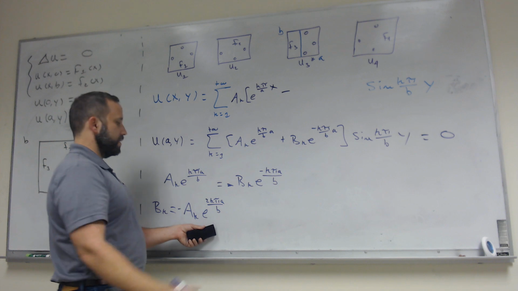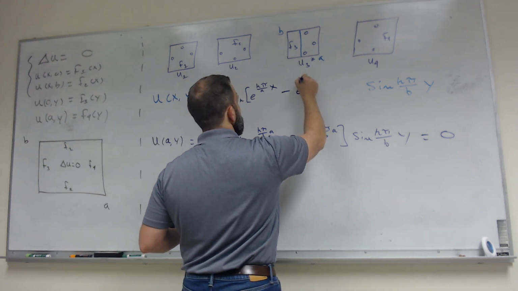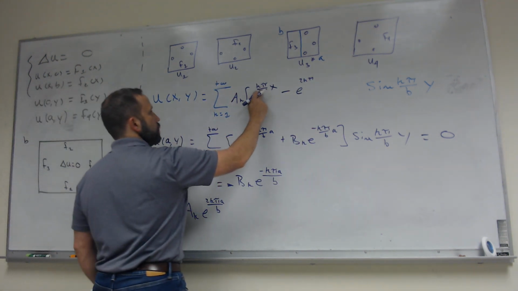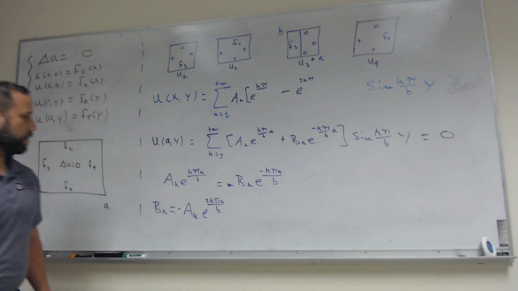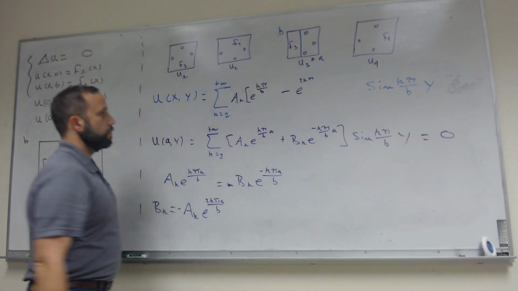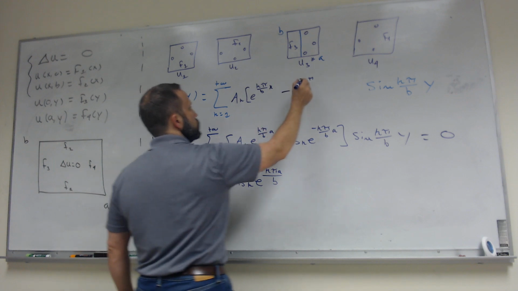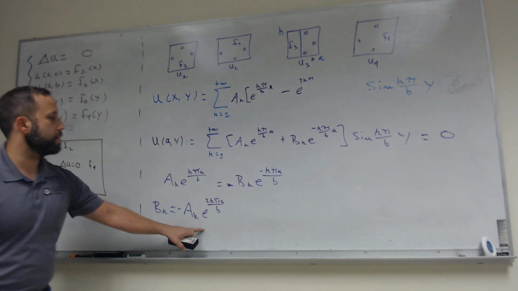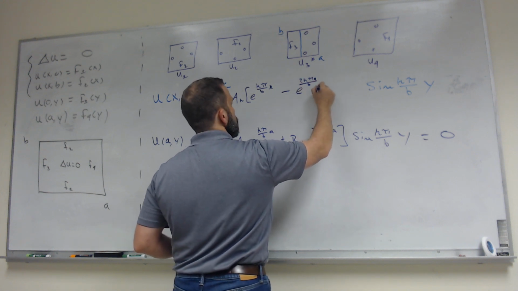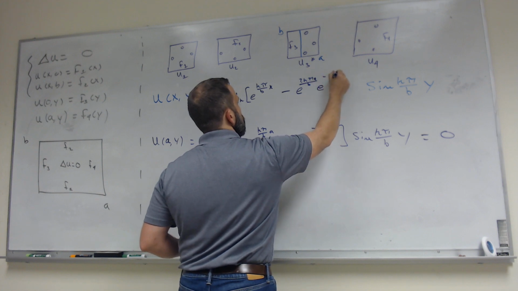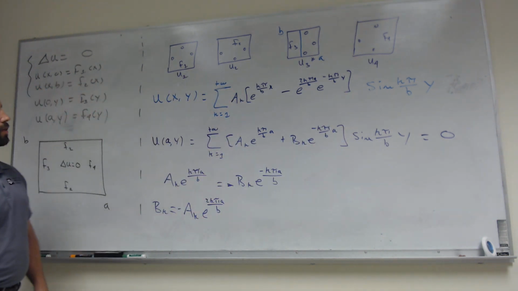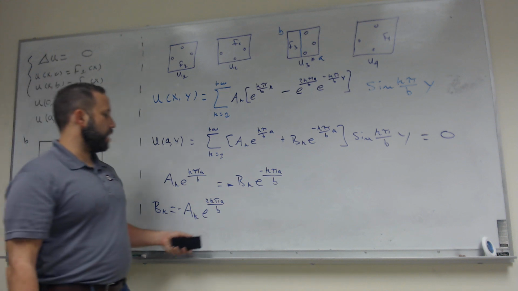So it's going to be a minus, and then this e to the 2k pi a over b, then e to the minus k pi over b x, and then times the sine function. Okay, so I'm just replacing b k with this expression here.